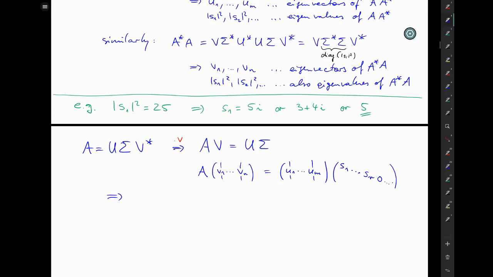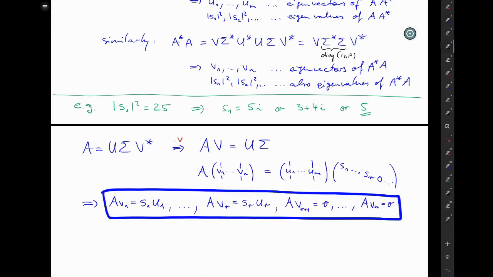But from here you get that A v1 equals s1 u1, and then the same with 2 and everything up to r, which is the rank of A. And you can still continue, but now because all the singular values are 0, you're going to multiply u_i by 0, giving you the 0 vector.